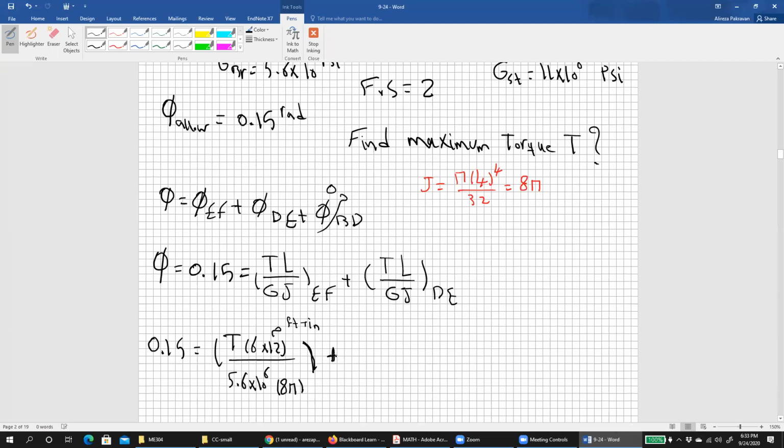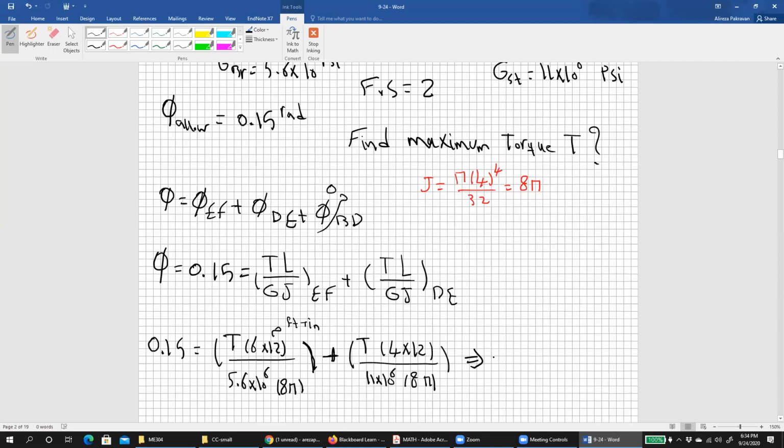Plus the segment DE. What is L? 4 times 12. What is G? 11 times 10 to the 6, because we are in this section of steel. Then use algebra, just one equation, to find T. That's the maximum phi allowable.